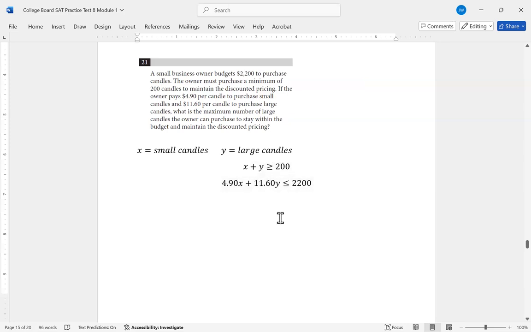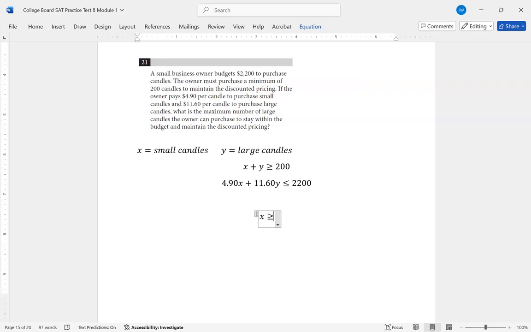And so I have these two inequalities. Now I'm going to combine these and put these together. We can do this in a number of ways. The easiest way for me is to solve for one of the variables. I'll choose X, even though the question is talking about large candles. In the first inequality, to solve for X, we subtract Y from both sides.